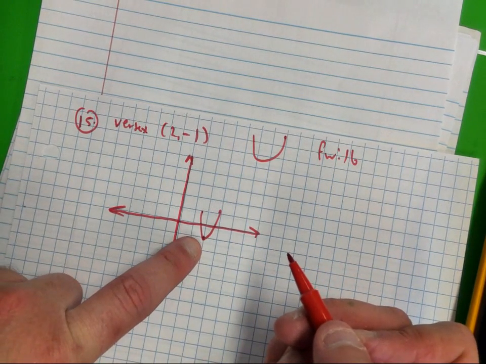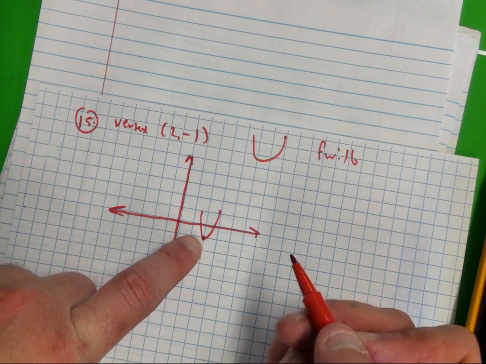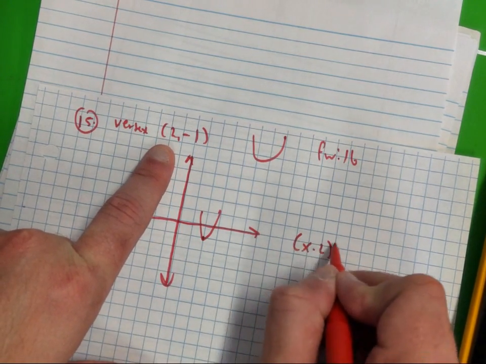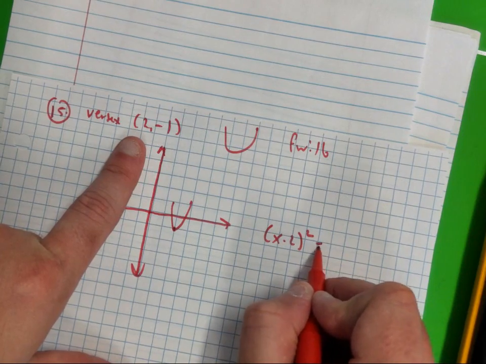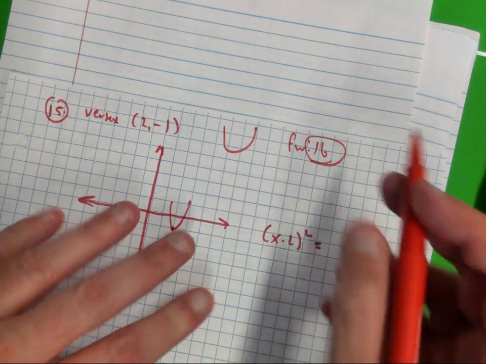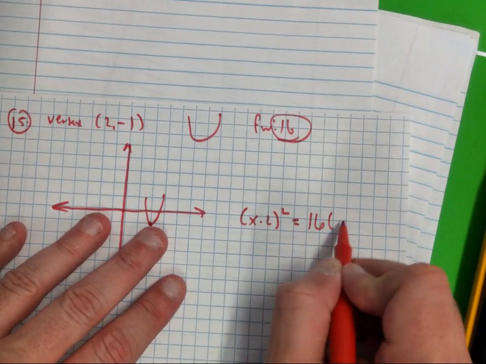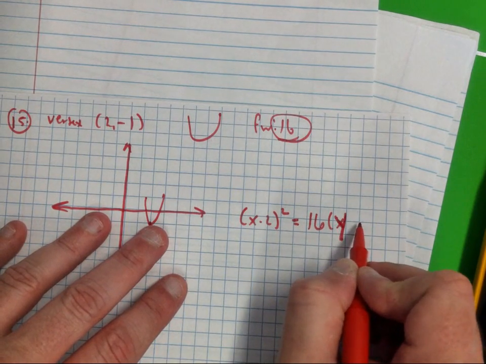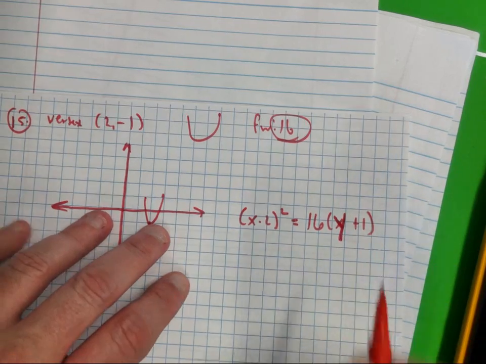That is vertical, so opposite of what you think, you don't start with y, you actually start with x. So you have (x minus 2) squared equals, and they told you what the focal width is, so you just put 16, (y plus 1), and you're done. That's an easy one.